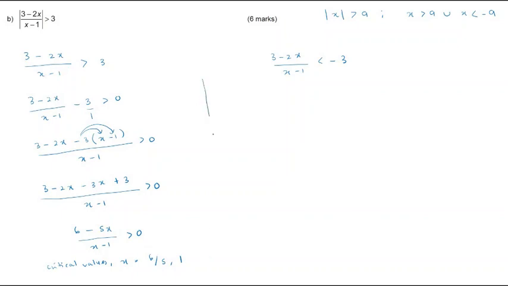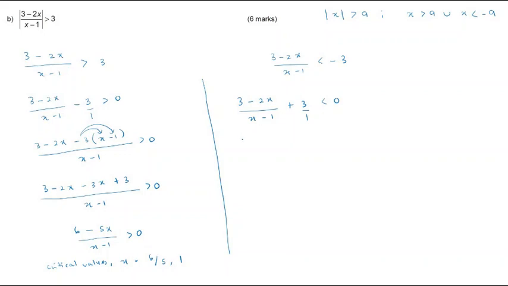Okay, let's do the same for the second part of the solution. 3 minus 2x over x minus 1 less than negative 3. 3 minus 2x over x minus 1 plus 3 less than 0. Okay, 3 is 3 over 1.